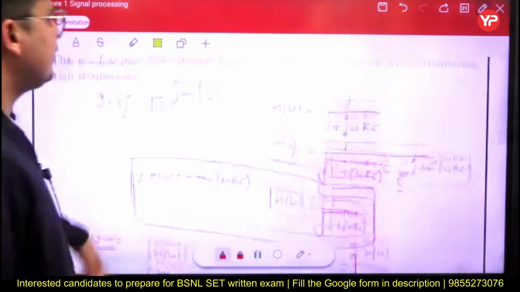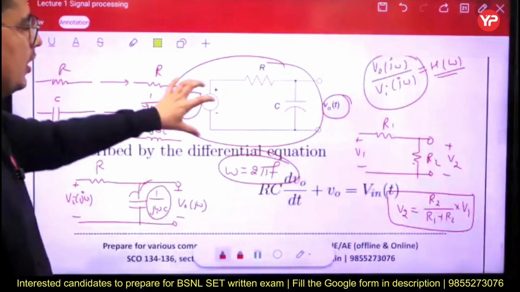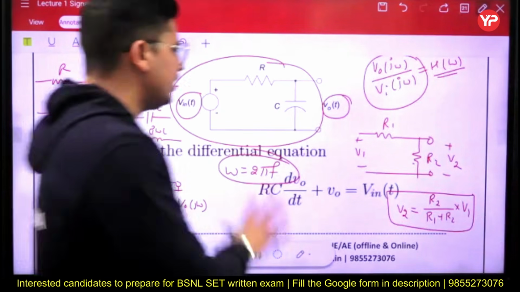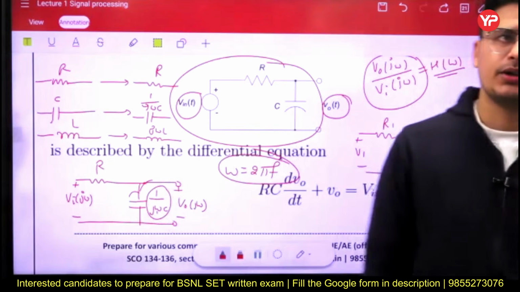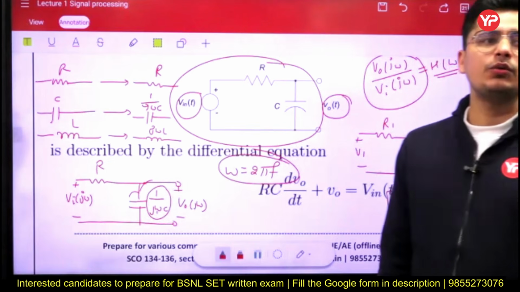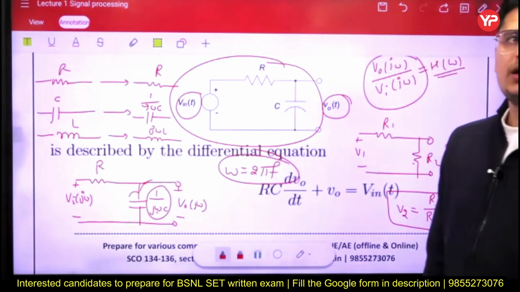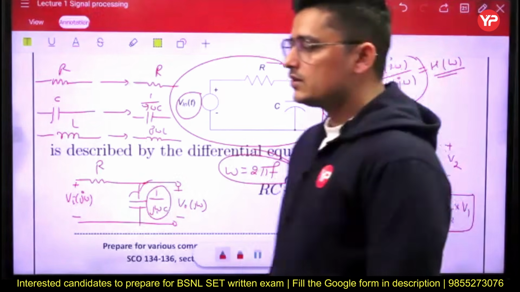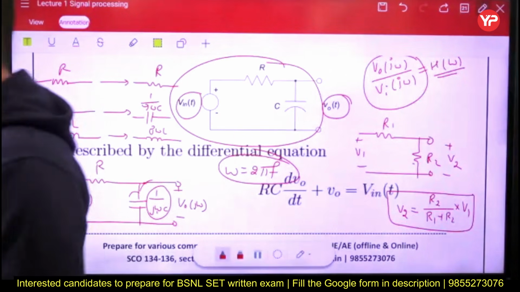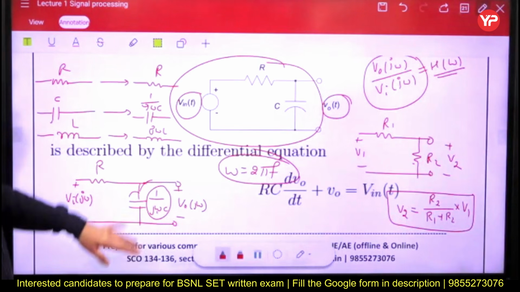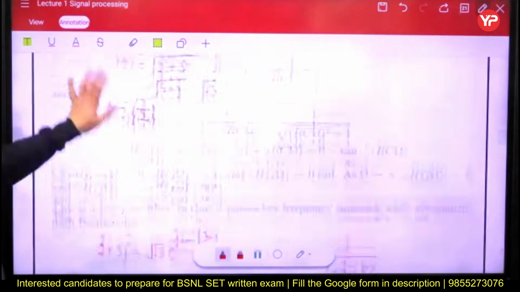So if you have a circuit like this, this is the brief and complete detailed discussion about how it works. We have to check only two frequencies. At 0 frequency, how much is the gain of the circuit? It is 1, so it will pass the lower frequencies, and at high frequency, its gain is going to be 0. It means it will work like a low pass filter.